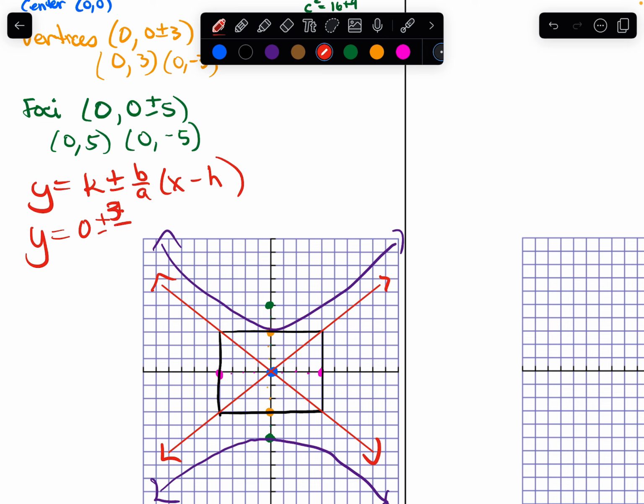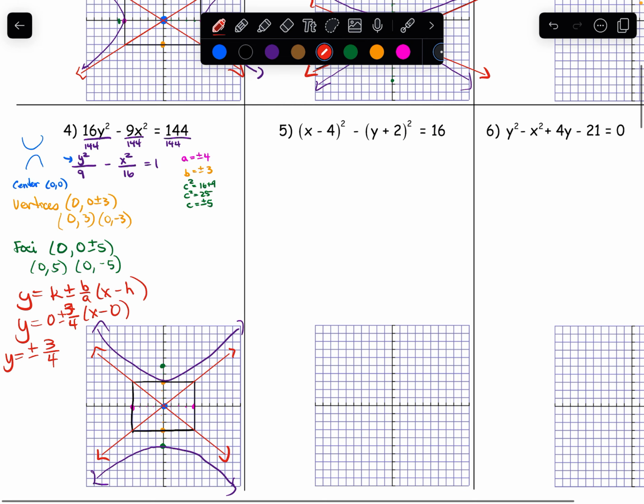The a value was 4. So y equals plus or minus 3 over 4 x. Okay. Hopefully you can get it from there.